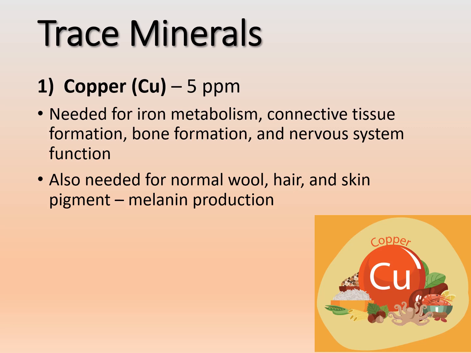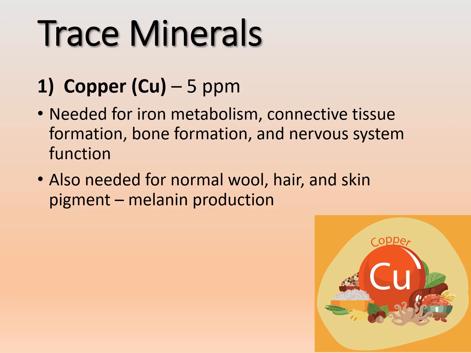So our first trace mineral we'll talk about is copper, and copper is needed in relatively small amounts, even in the trace mineral world, and that's 5 parts per million. And copper is really needed for iron metabolism, so they work kind of together. Connective tissue, bone formation, and nervous system function. So a lot of these connections, structural formation, as well as the nervous system.